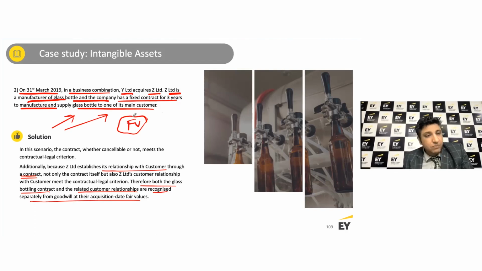It would be very important to understand whether those separability criteria are duly met here or not. That is something that you want to always bear in mind.